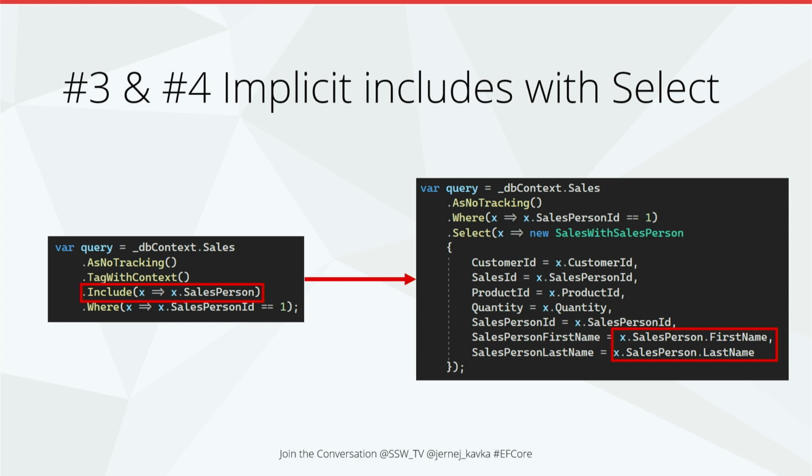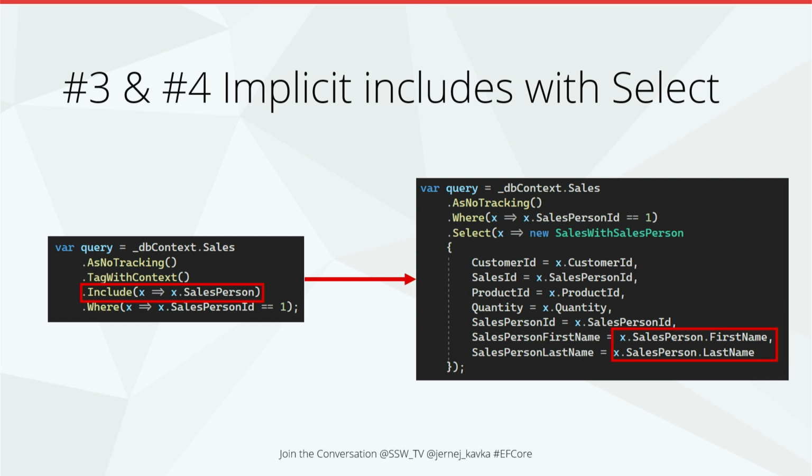But if I do manual includes, if you over-remove includes, you might end up with null values and null reference exceptions, or you might end up with too many includes just to be on the safe side.